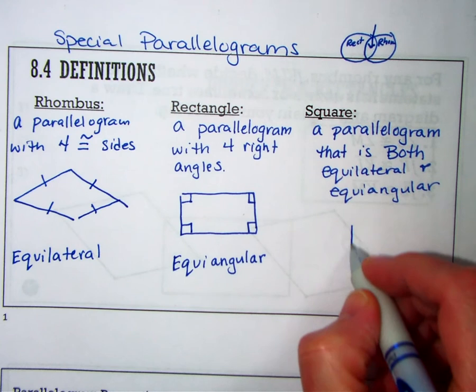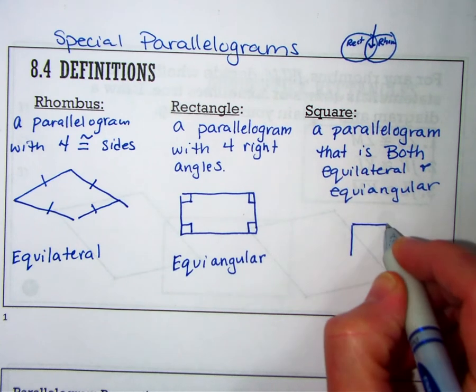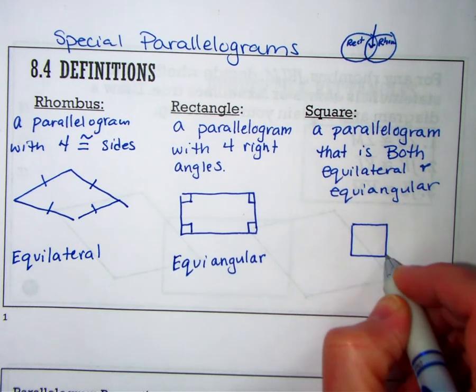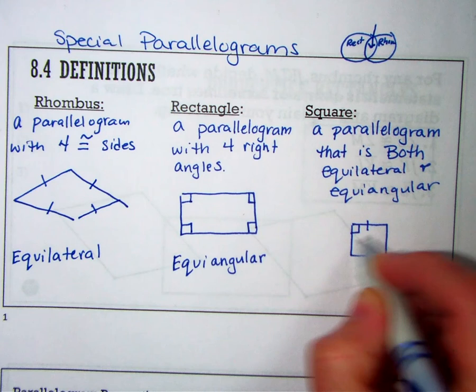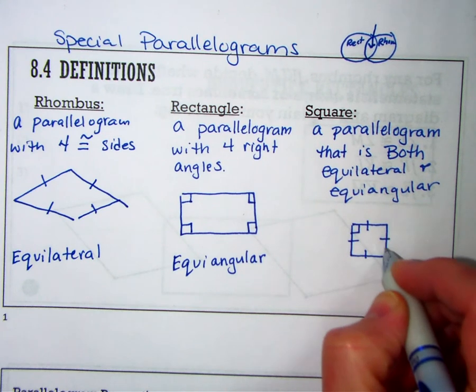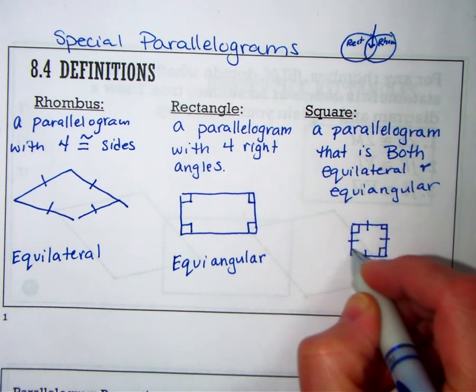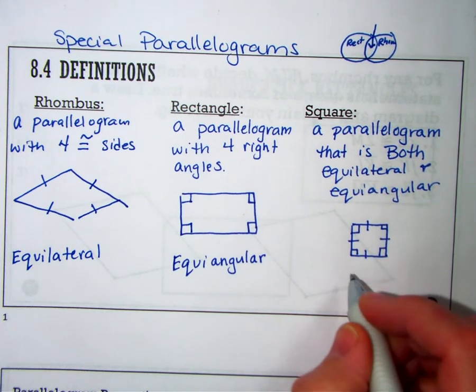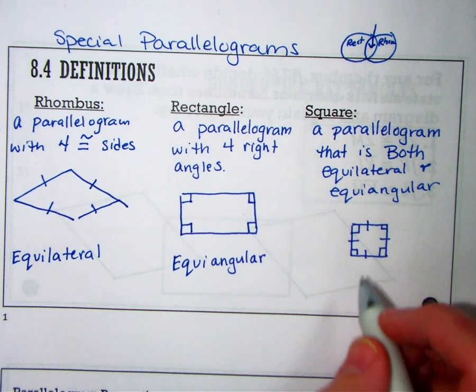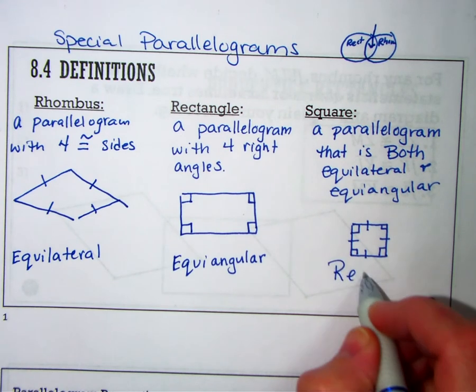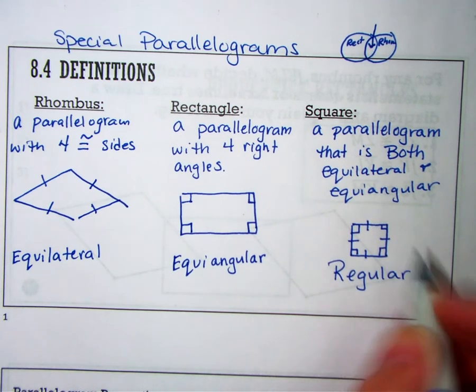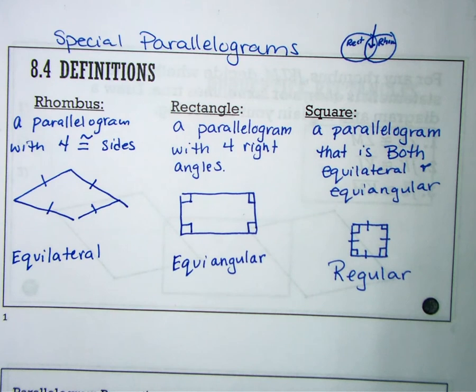We know pretty much what a square looks like, but if we mark it, so we've got our 90s. The fancy word for all the sides and all the angles being the same is regular. Okay, and those are all words that we've heard before. We just have to know that we can apply those things to these shapes.